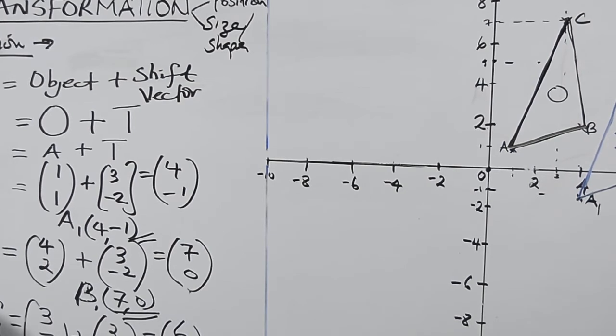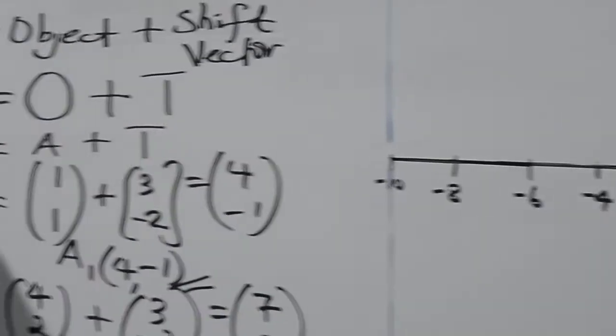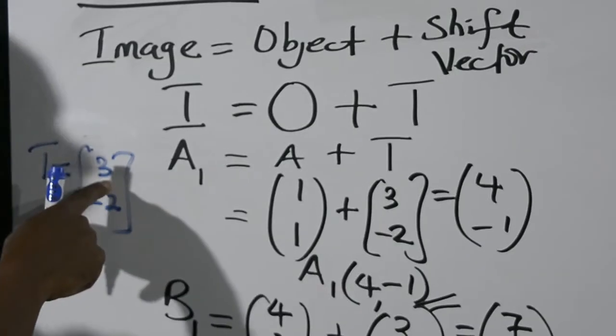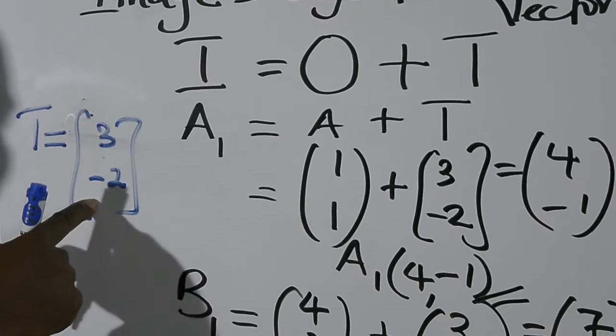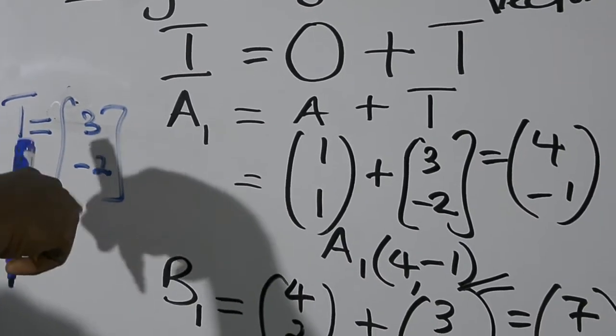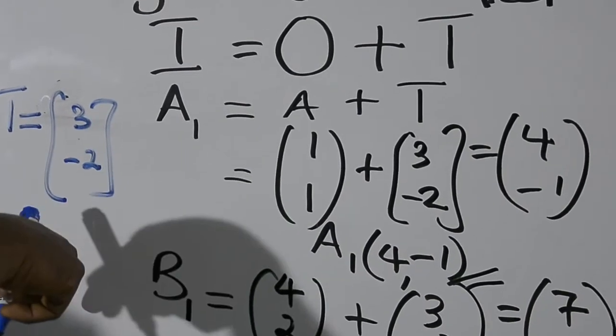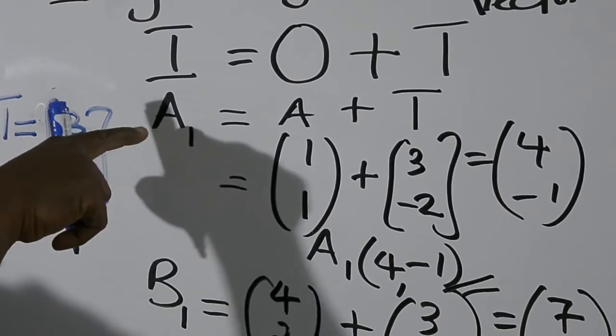So you can go 3 steps right and 2 steps down, because the right of 0 on the x-axis is positive, and -2 on the y-axis means 2 steps down.